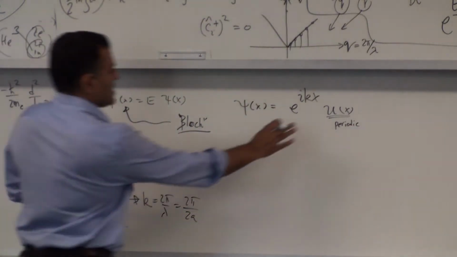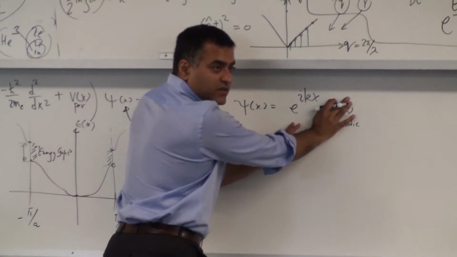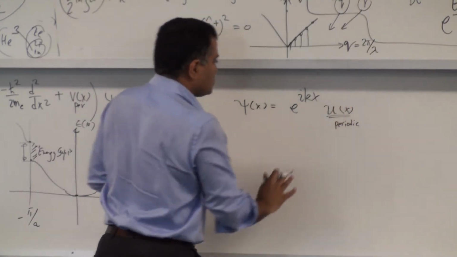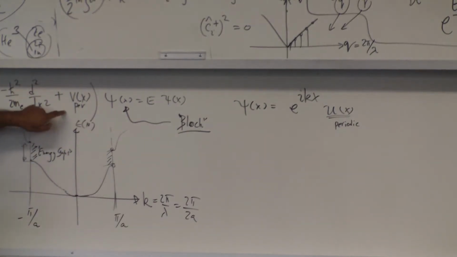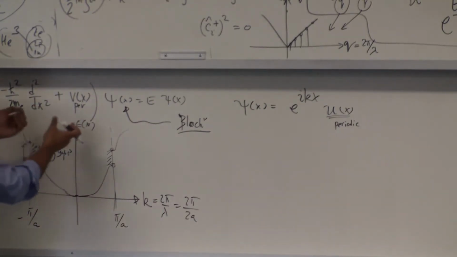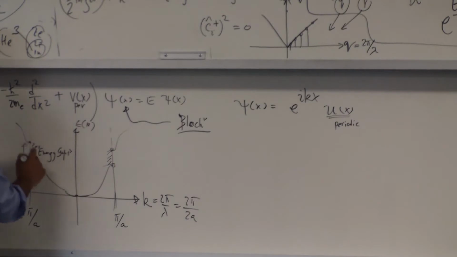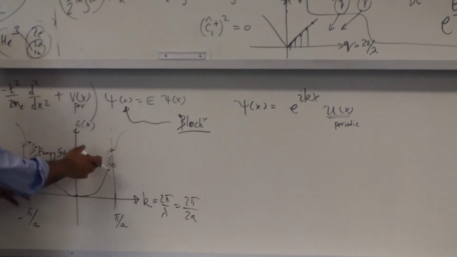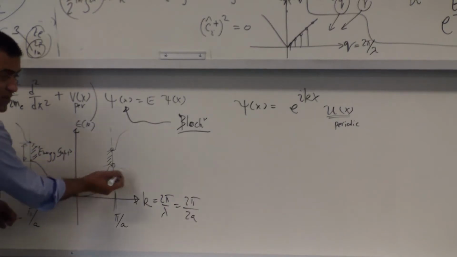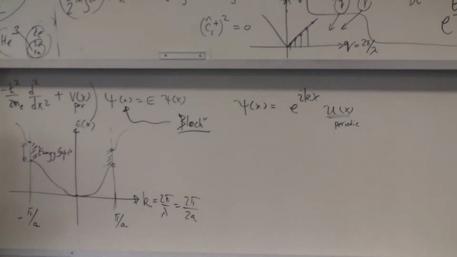So if you didn't have this, it would be a free electron. But Bloch said that if you insert it here, you can find the solutions. And indeed, when you insert it, you have to solve an energy eigenvalue problem, and you get that there will be gaps, there will be all these curvatures and all that sort of thing. These are the allowed energies for the electron.